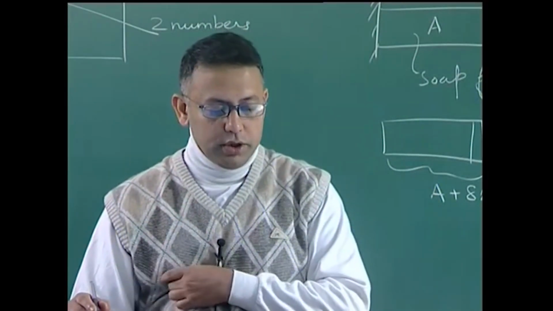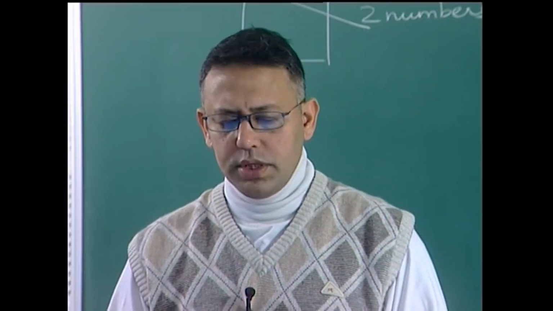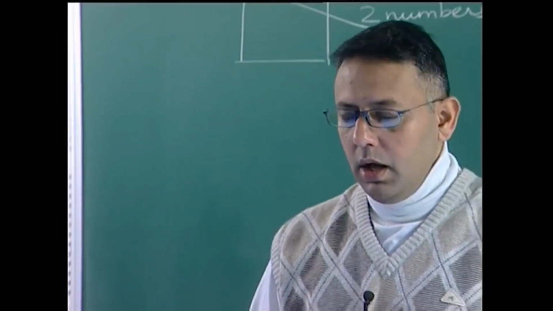For instance, suppose I am talking about a 3D crystal, then my 010 surface may have a different energy as compared to a 111 surface, which is expected to have a different energy compared to a 112 surface, which will again be different from every other surface I can think of in a crystal. Depending on the crystallography or the symmetry, suppose I am talking about a cubic crystal, then the 010 surface energy will be identical to the 100 surface energy, which will be identical to the 001 plane surface energy. So, this is coming from the crystal symmetry.